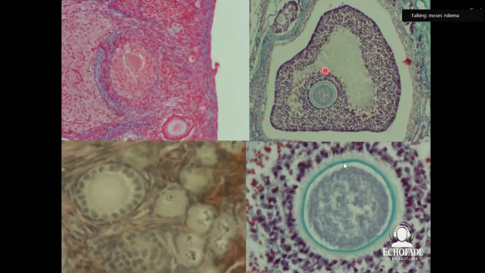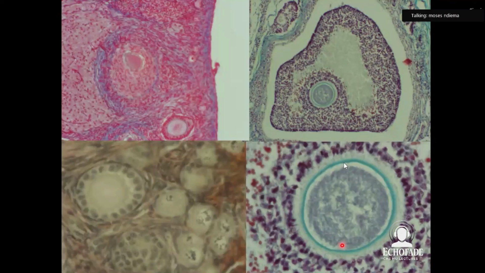Corona radiata. This is a crown-like structure that surrounds the oocyte. Corona means crown. Note here that there is a primary oocyte surrounded by a glycoprotein membrane that we refer to as the zona pellucida.